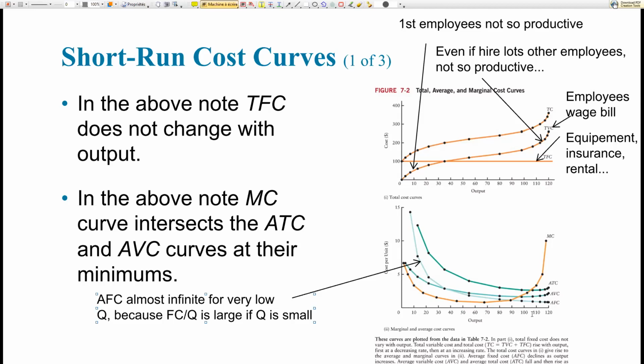What is the average variable cost? Well, it depends on the number of workers I have. So it depends on the marginal cost. Initially the marginal cost is the same as the average variable cost, because if I start producing one unit, then what's the average cost for producing that unit?